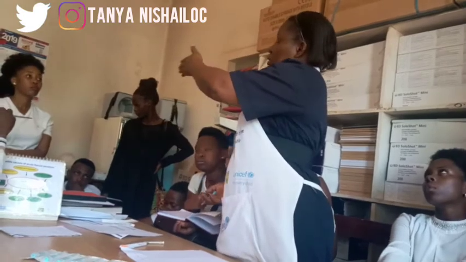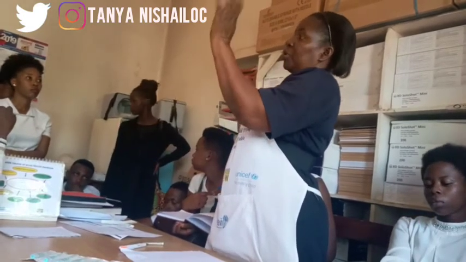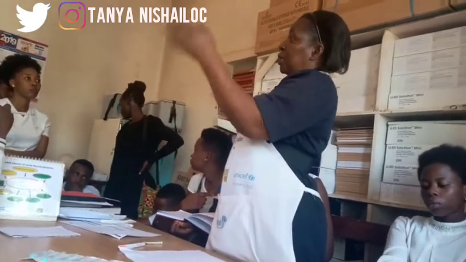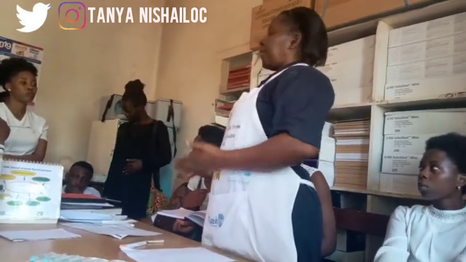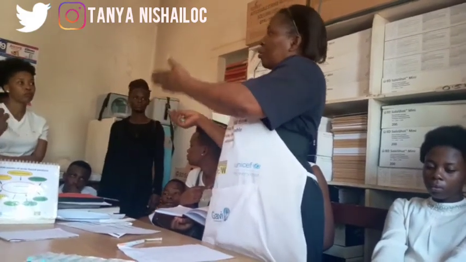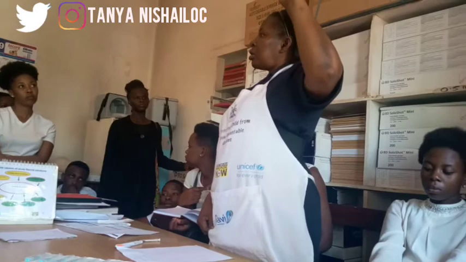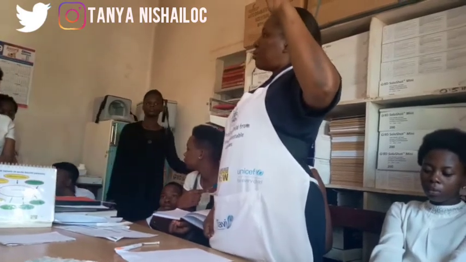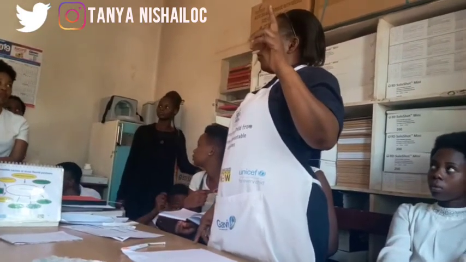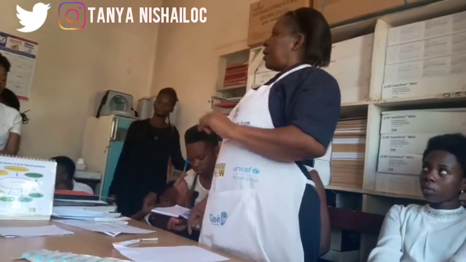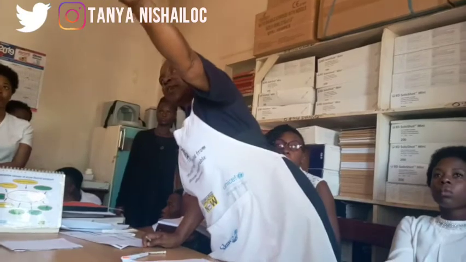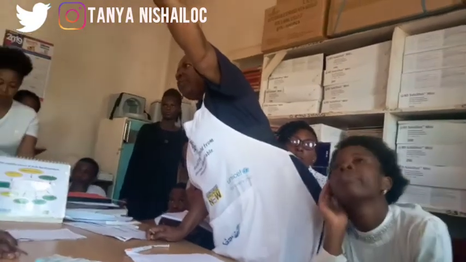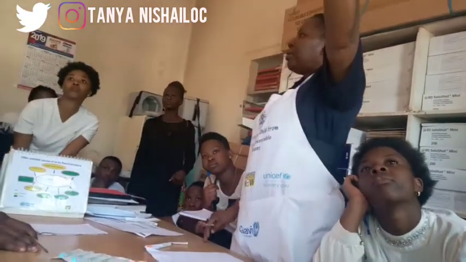And we are not supposed to open those fridges for a long time, because when you open them for a long time, the temperatures will go up and the vaccine will get spoiled. Then on those vaccines, if you don't have the fridge tag, we have what we call the vaccine viral monitor, VVM. I don't know whether you can all access that. So that is the VVM. That thing in purple.